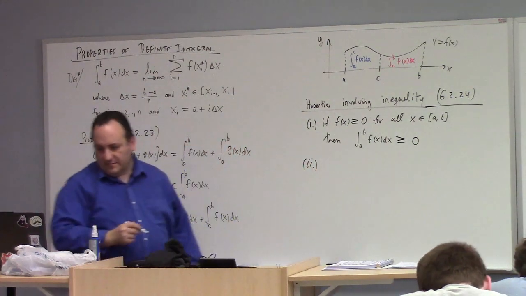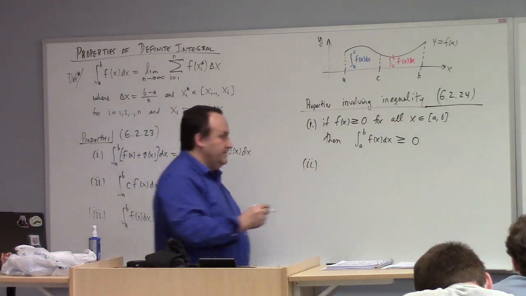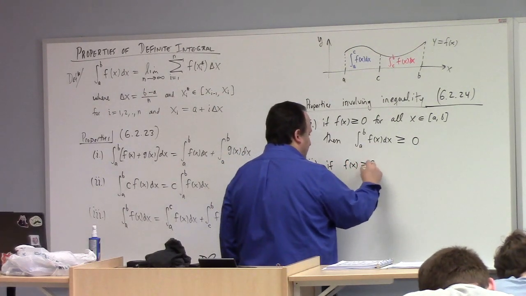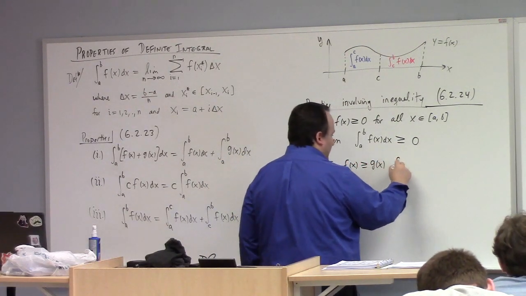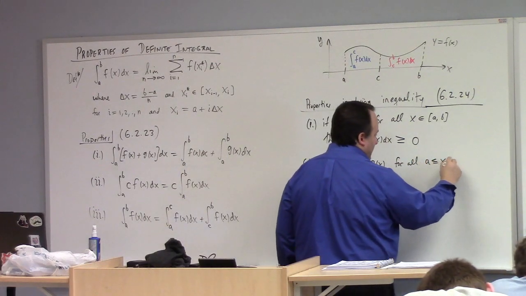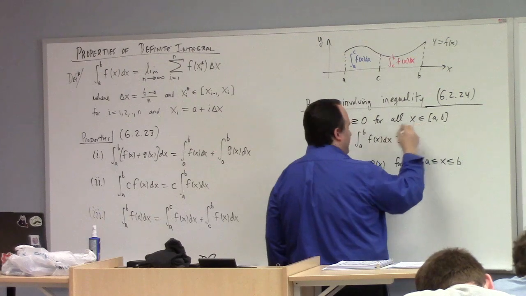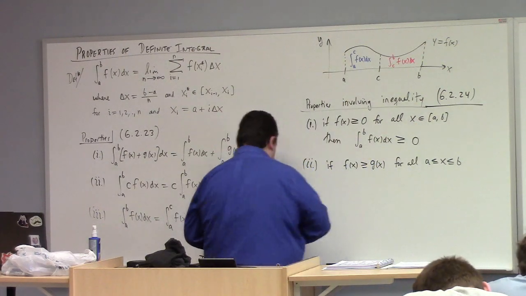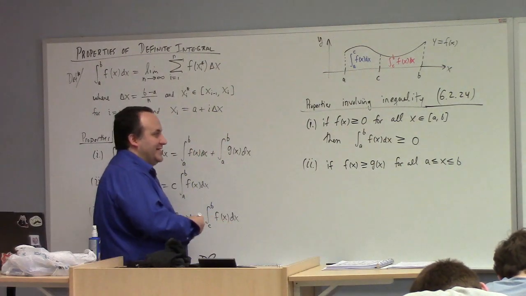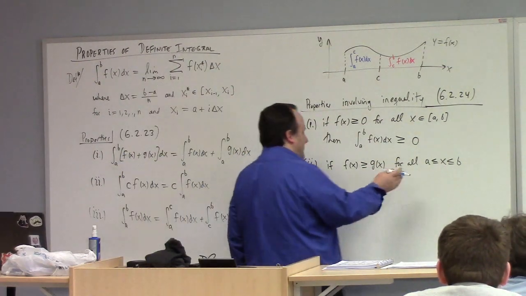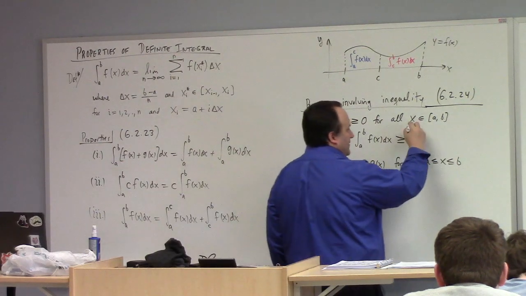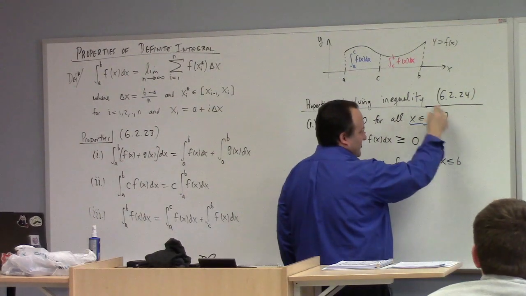Number 2, we have this comparison. If you have f of x is greater than or equal to g of x for all a less than or equal to x less than or equal to b. So this right here, just a point of mathematical prose, I guess, you could either write this for all a less than or equal to x less than or equal to b like that, or like I did up here.